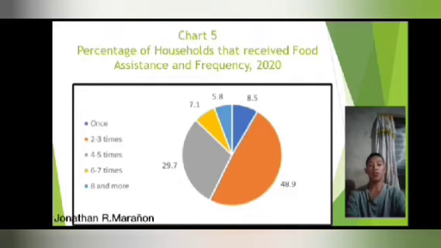On the frequency, 48.9% received assistance 2 to 3 times, 42.6% received food more than 3 times, and 8.5% received aid only once during the ECQ.